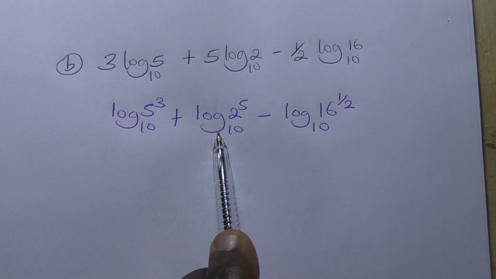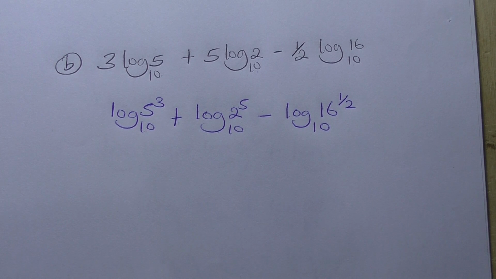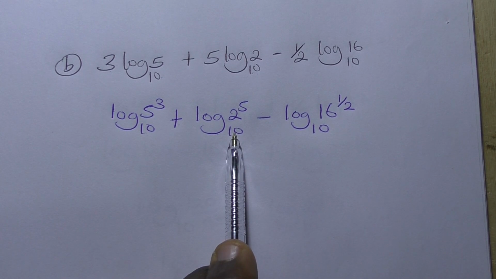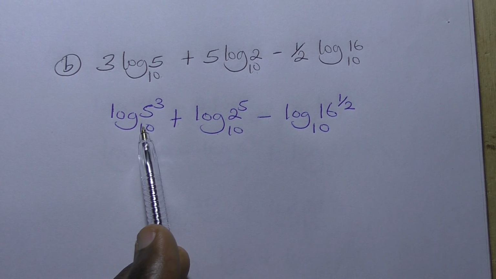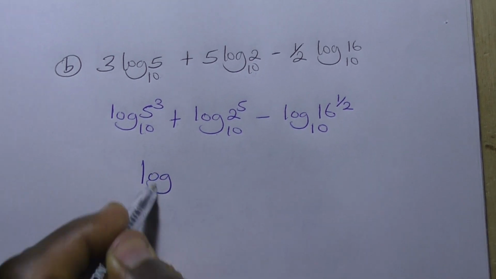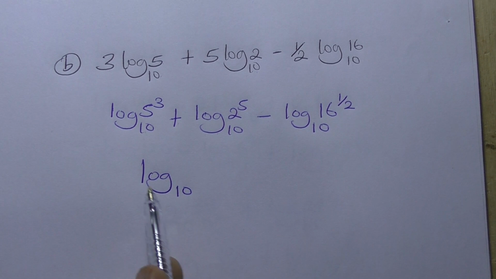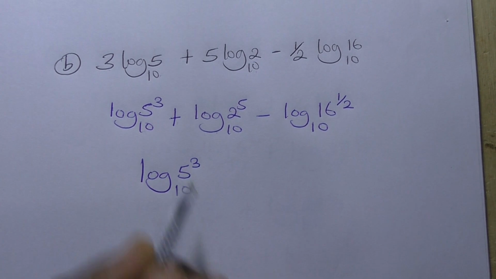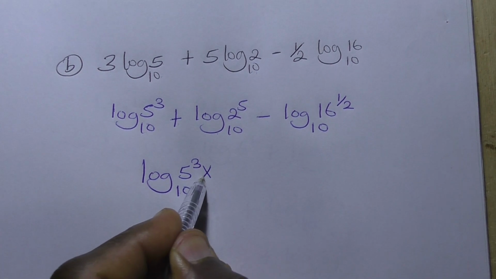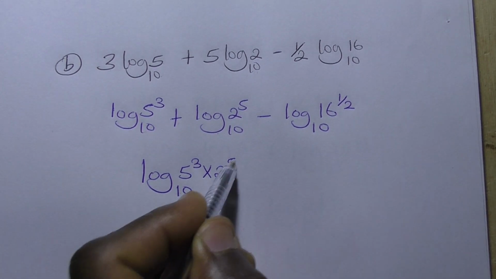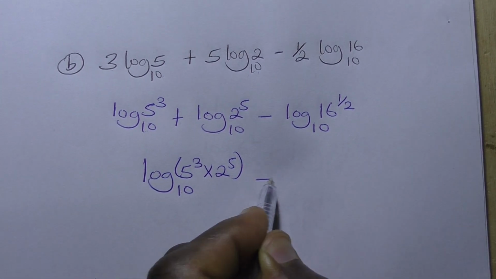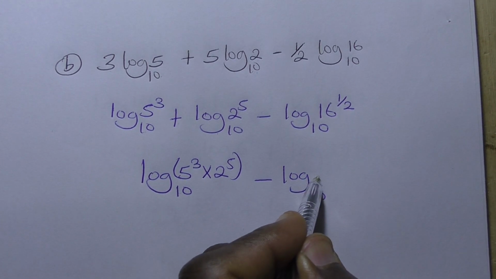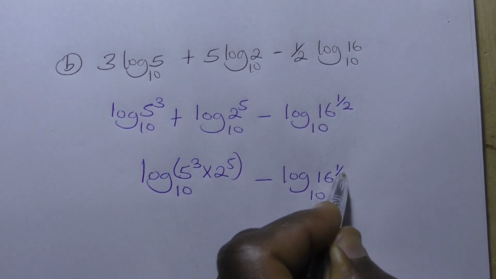We start with the addition, since it is coming first, whereby if we are to add the logarithms of the same bases, we simply take one logarithm, that is to say log 10, then we multiply the powers, that is 5 power 3 times 2 power 5, minus log 10 16 power half.